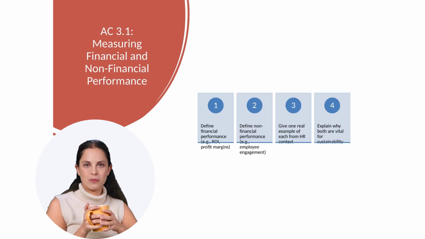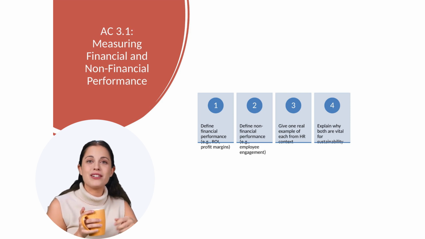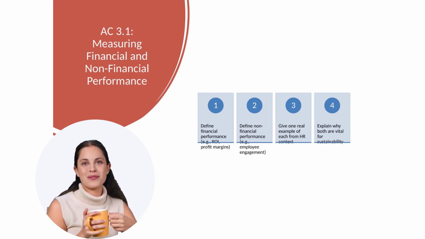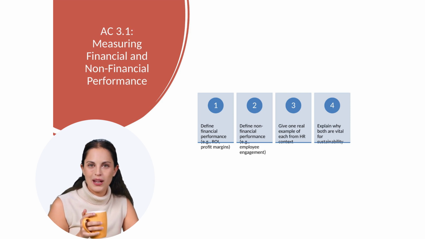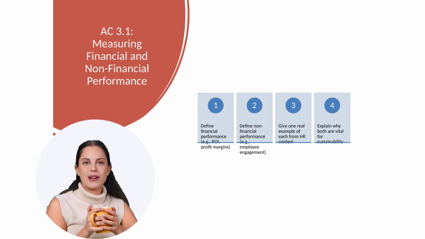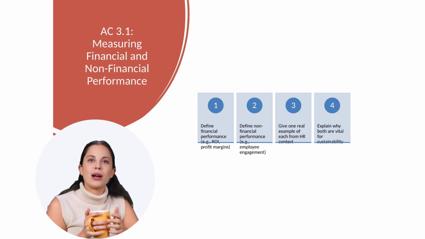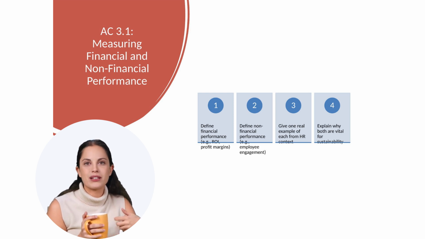In AC 3.1, show how organizations assess success beyond profit. Financial metrics like ROI or turnover rates are commonly used to evaluate productivity or investment efficiency. For non-financial measures, consider employee engagement scores or training effectiveness.